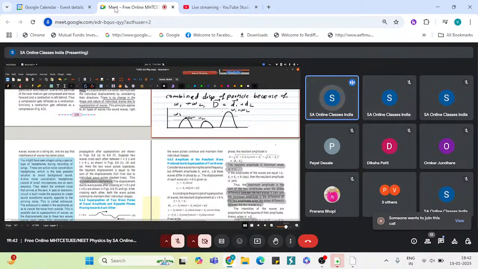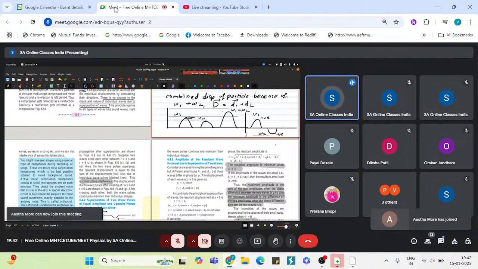Similarly, if wave 1's displacement is this, but wave 2 displaces the particle in the negative direction, so this is wave 2's displacement. Because this is a vector sum, it will not be just scalar addition, rather it will be subtraction, because this is a positive quantity and this is a negative quantity.